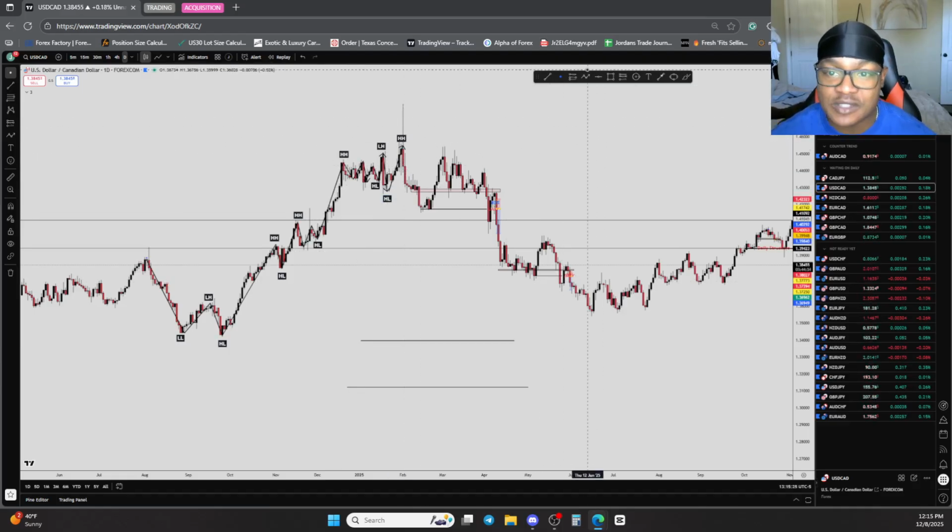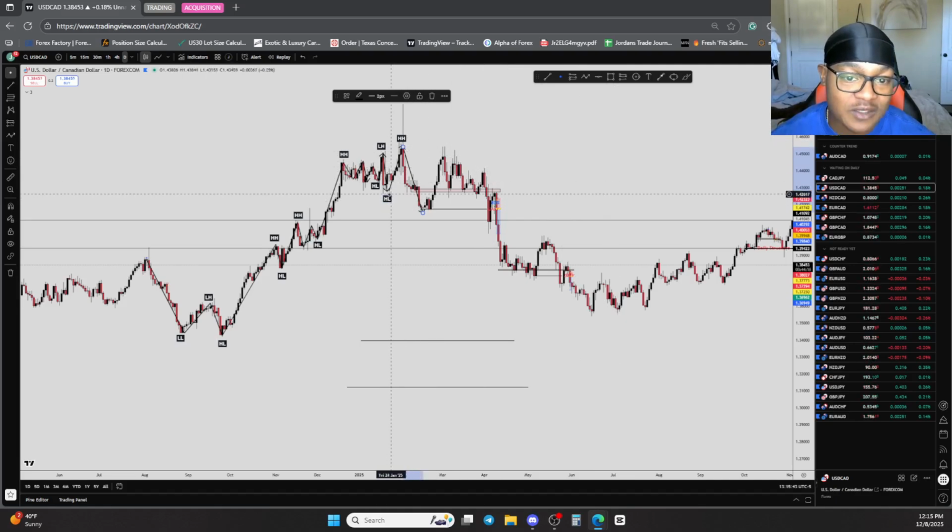And then what happens next? If we continue, price then has the extension back down, showing us another switch of structure. And we know this is a switch of structure because we see price breaks past a higher low. If price breaks past a higher low, we know price is going to form a new lower low in the market.